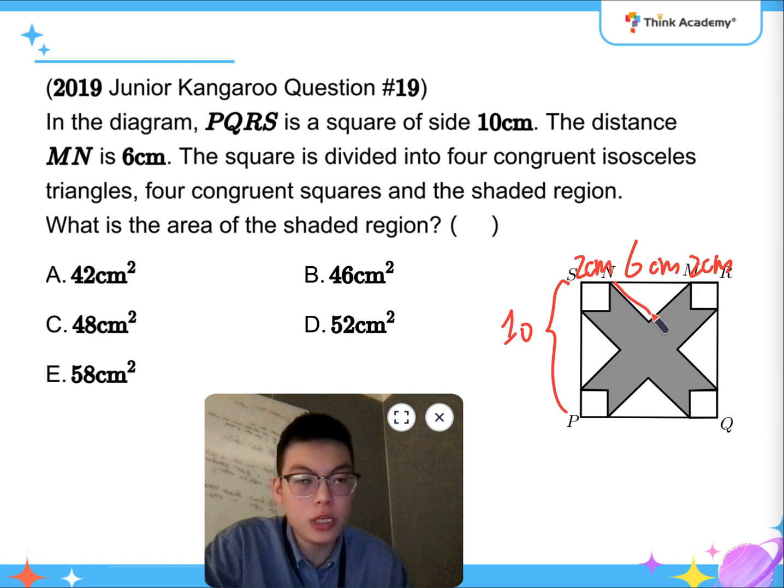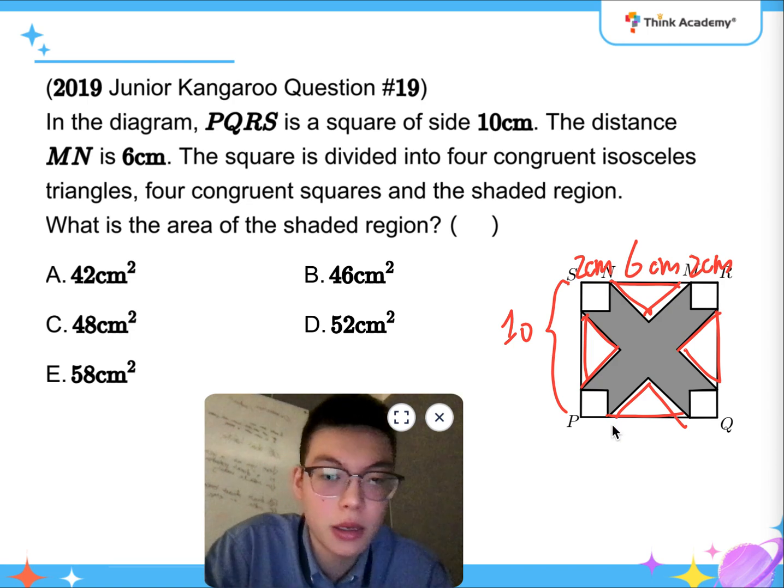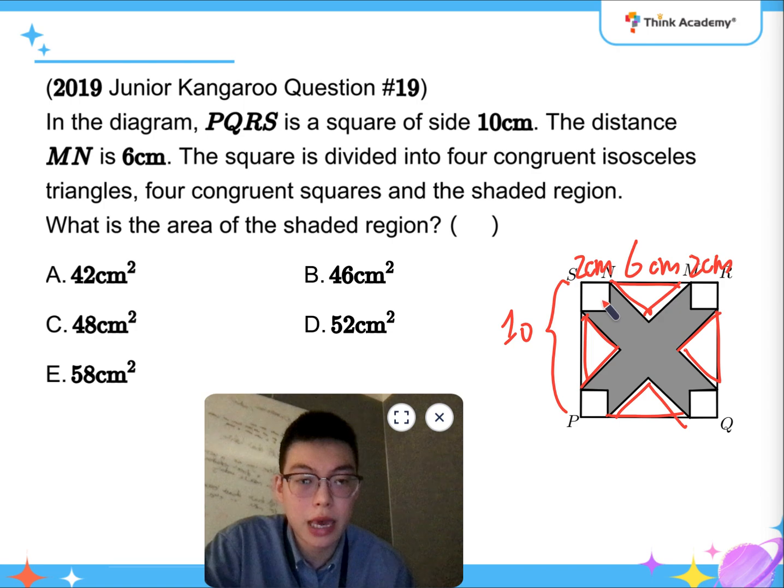And then for each of these 4 isosceles triangles, you can see that they can be put together to form a square.